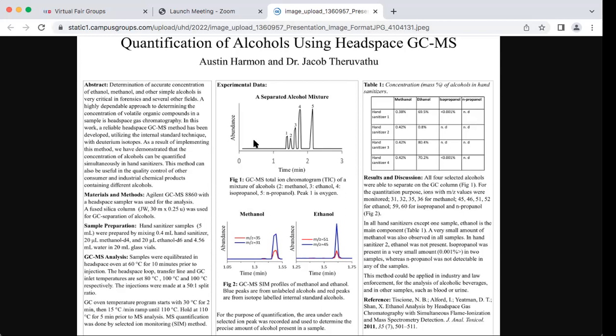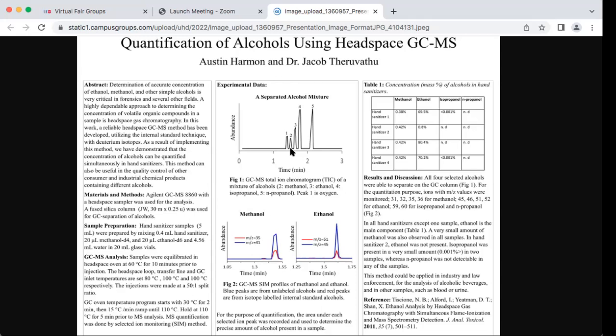So after we tested each compound, we also made a mixture of all 4 alcohols, which is shown in figure 1. Figure 1 is the result of the separation of the 4 alcohol mixture.